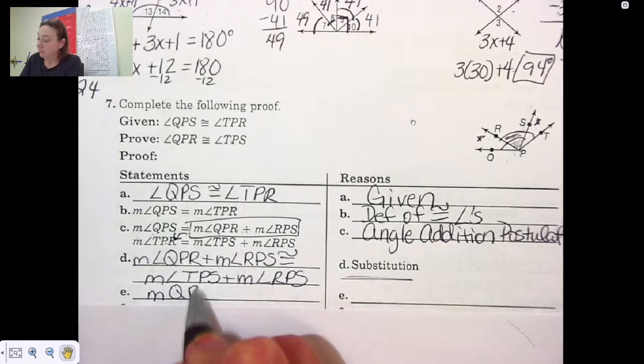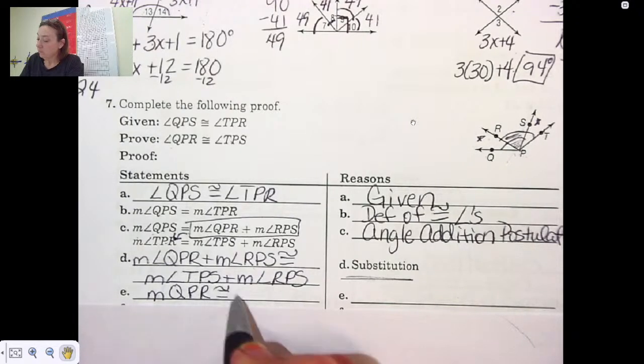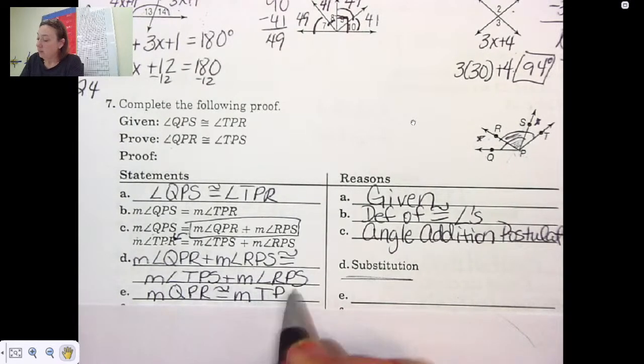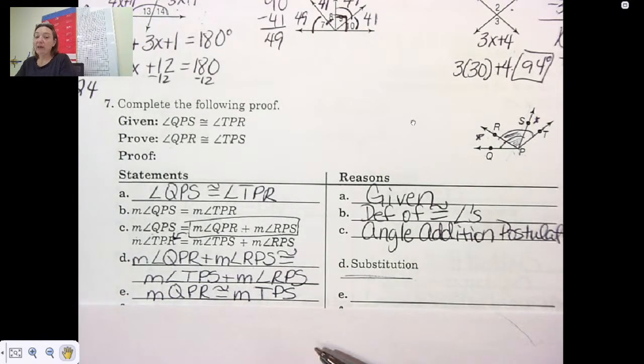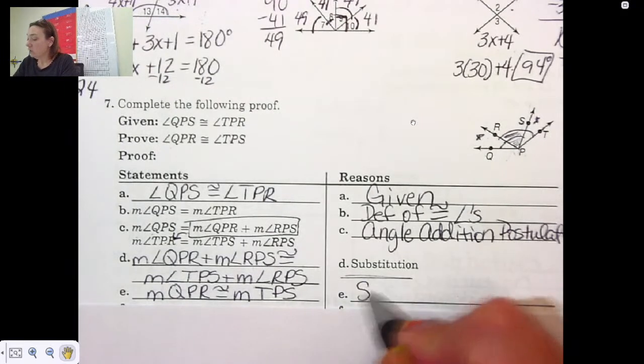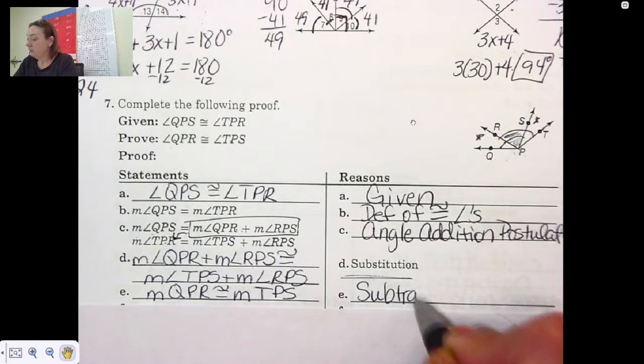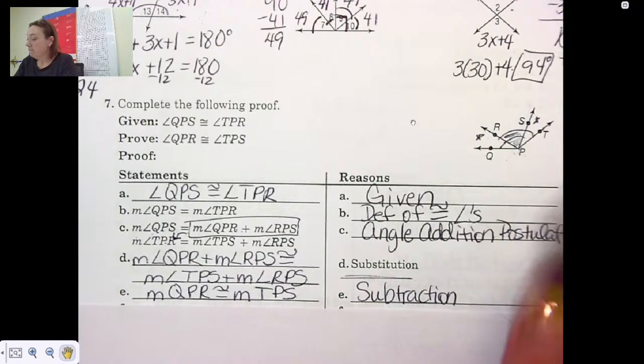Measure TPR is congruent to measure TPS. Now, how did we get from this one to this one? Well, we subtracted that measure of angle RPS, right? If you subtract it from both sides, you can do that. That is our subtraction property of equality.